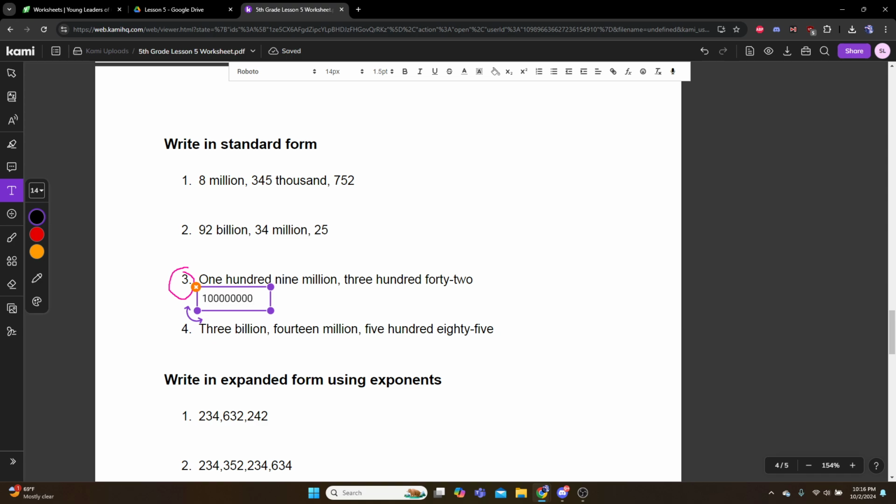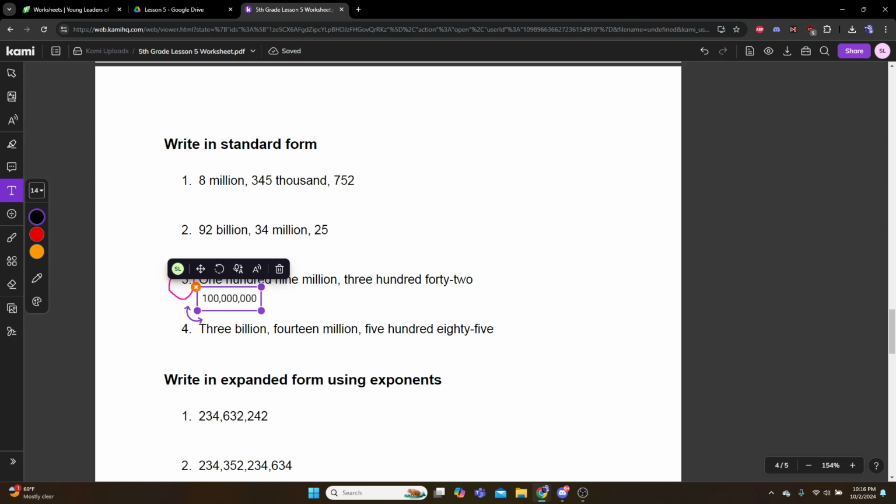If we put our commas here, every three numbers, this looks about right, since it's in the 100 millions. And then now we can replace the numbers with 109 million. And then we know that this is 342. So just 342 here, and there's nothing in the thousands place that's mentioned. So it would just be like this: 109,000,342.